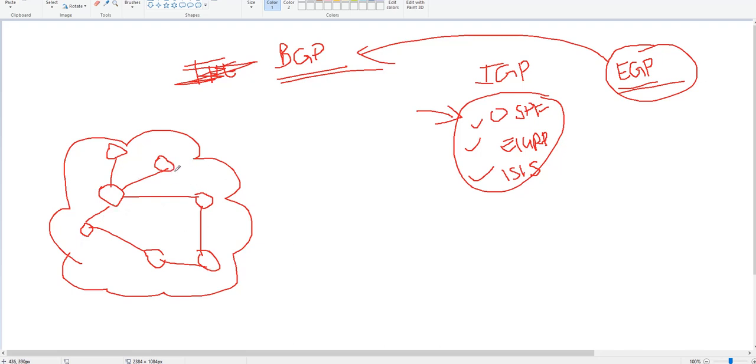Let's assume something like this is your network, and this network is owned by this particular enterprise, let's say Enterprise ABC, right?